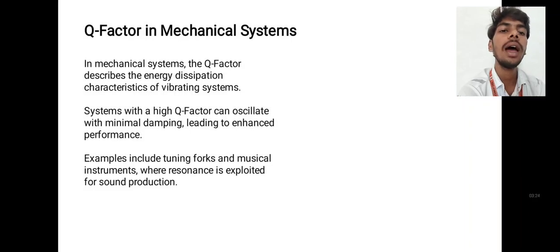A system with a high Q factor can oscillate with minimal damping, leading to enhanced performance. Examples include tuning forks and musical instruments, where resonance is exploited for sound production.